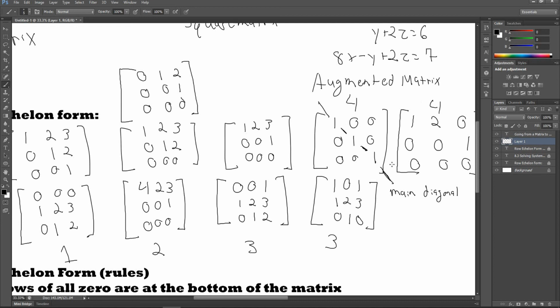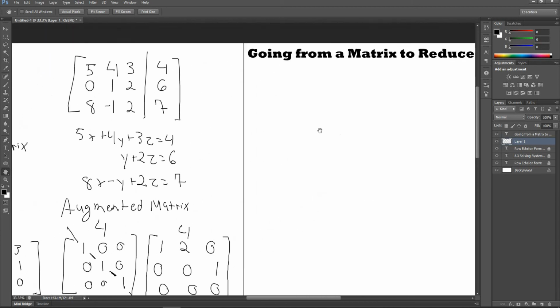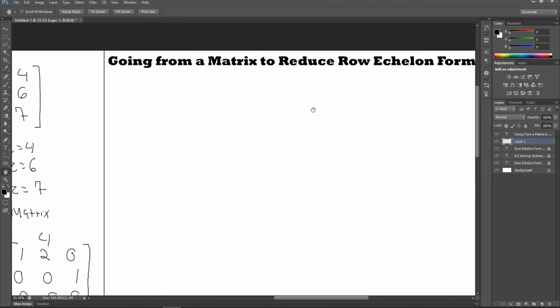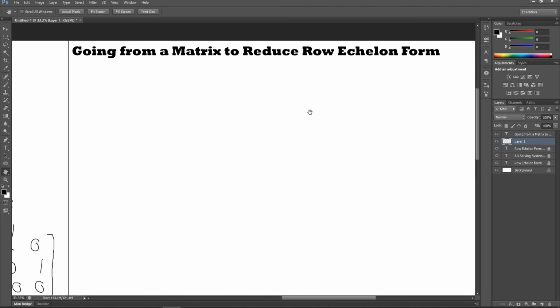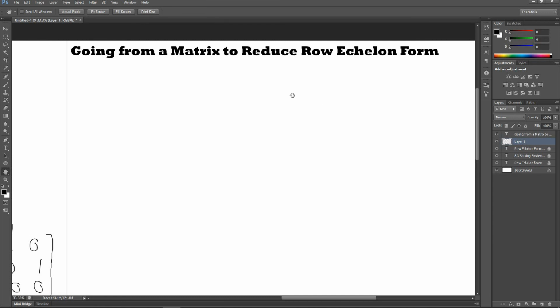So you think about this, I have z equals something, I would have y equals something, and I'd have x equals something. So I'd already know my answers for my variables just by inspection if I had an augmented matrix. So this is our best option to get to. So that's why I'm saying going from a matrix to reduced row echelon form, but you could solve just from row echelon.